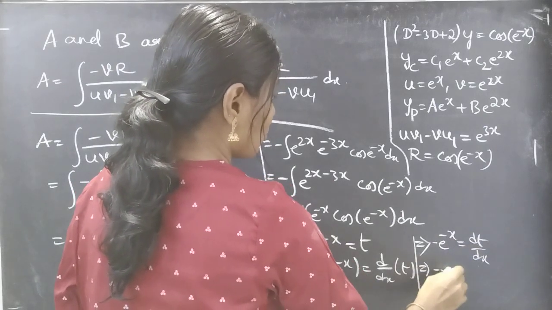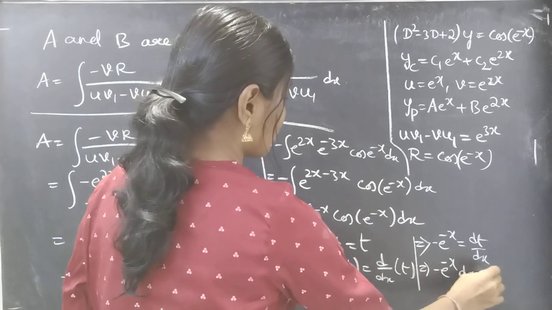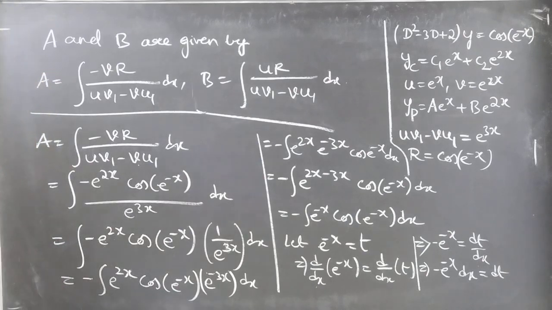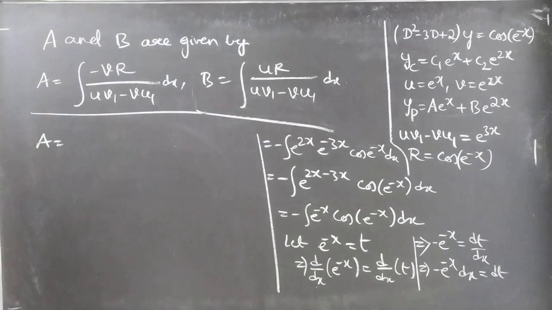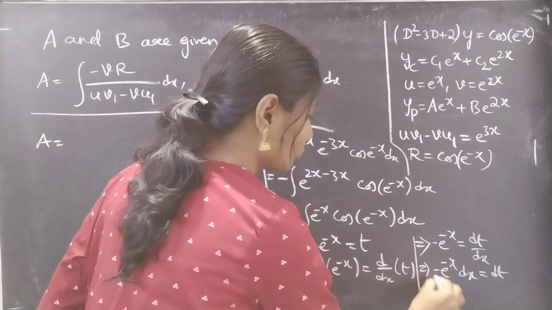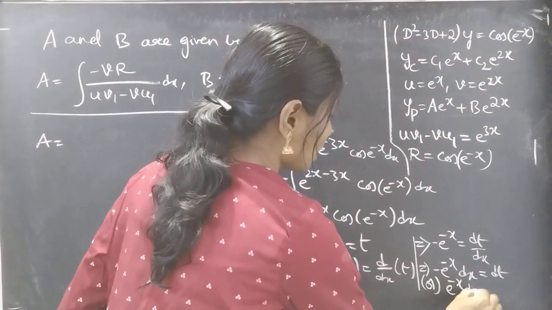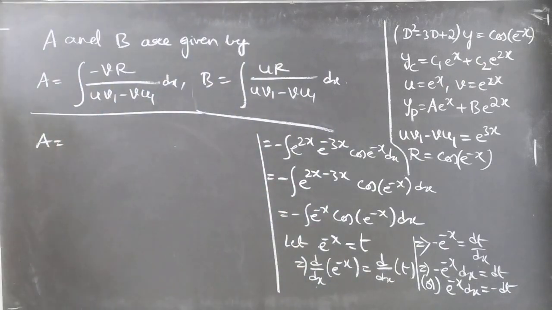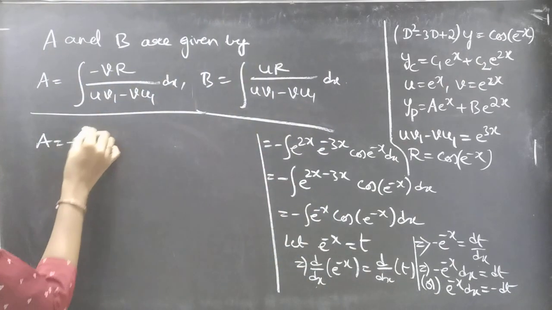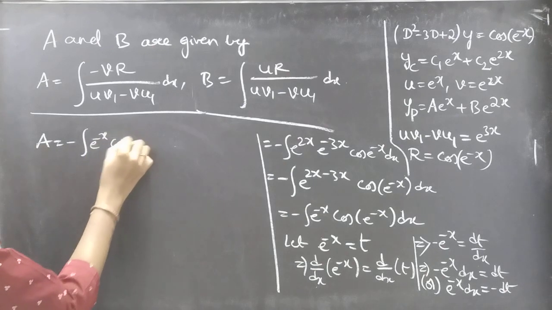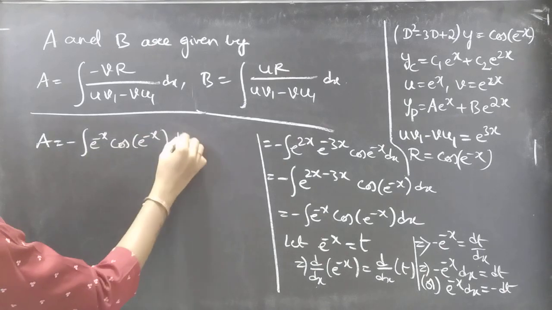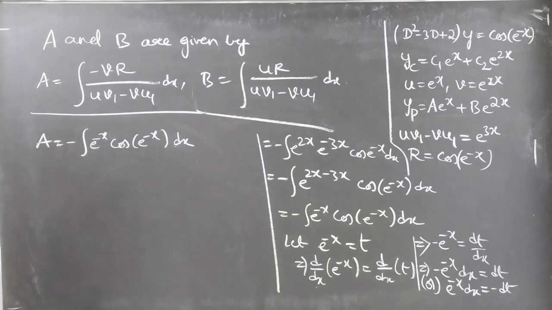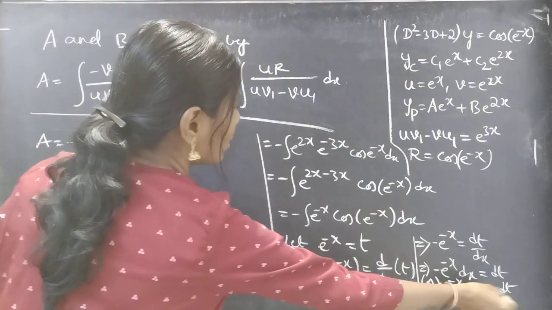From this we'll get minus e^(minus x) dx equal to dt, or e^(minus x) dx equals minus dt. Now see, we have A equal to minus e^(minus x) cos of e^(minus x) into dx, right? We can just take this minus inside the integral, or we can utilize e^(minus x) dx equals minus dt.